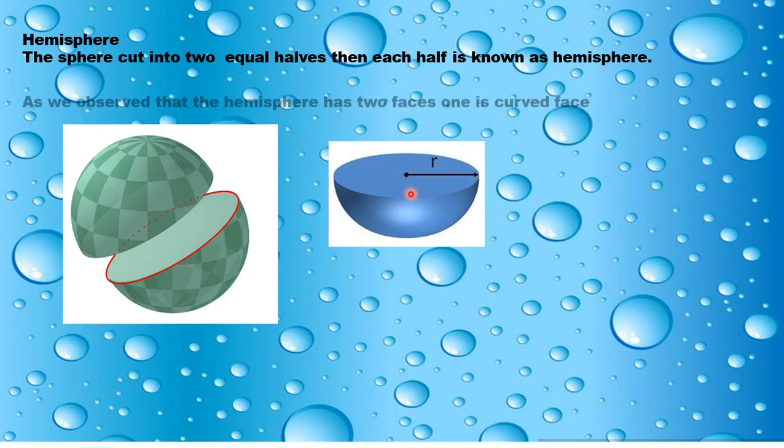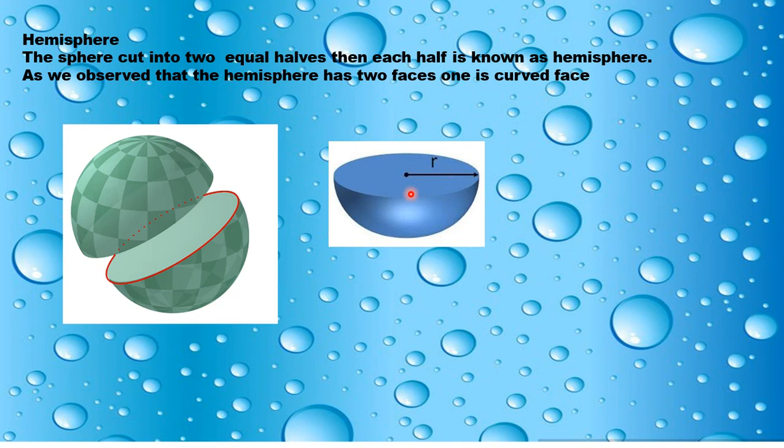Here we observe that the hemisphere has 2 faces. One is the curved face, the boundary of this hemisphere, and the second face is the upper circular end. So in the case of hemisphere we have 2 faces: one is this curved surface and one is the upper circular end.